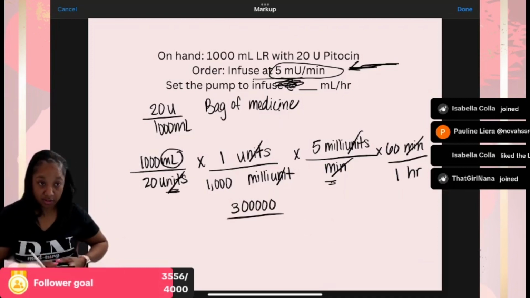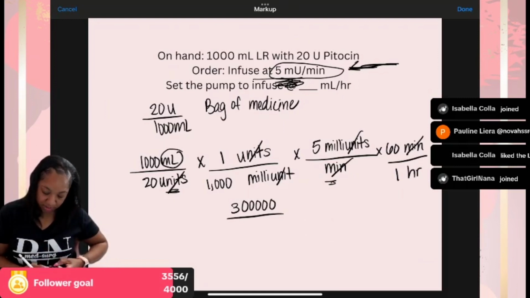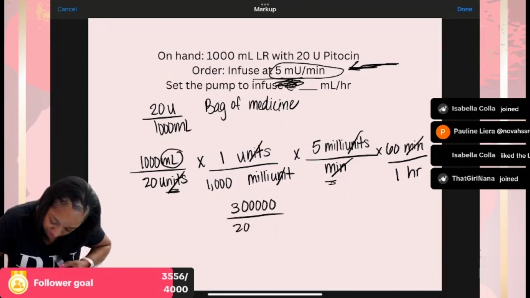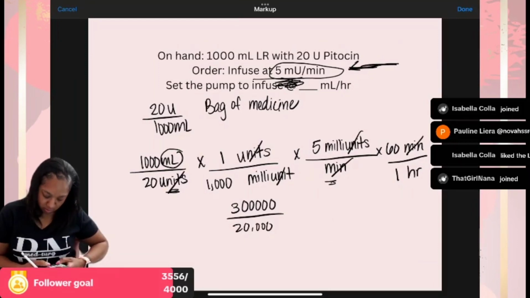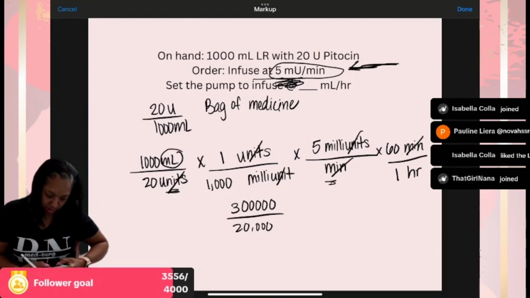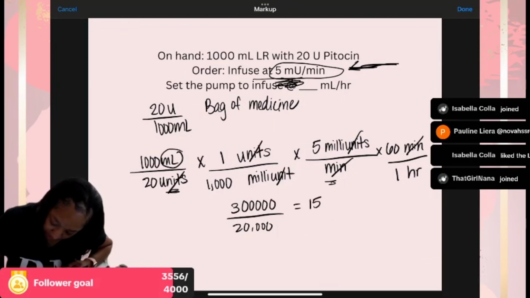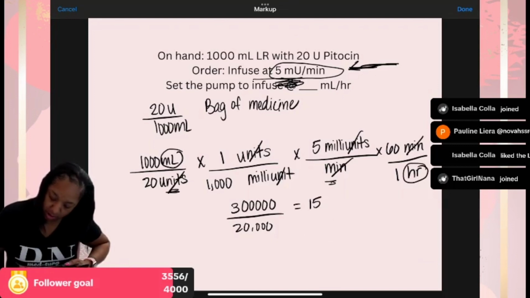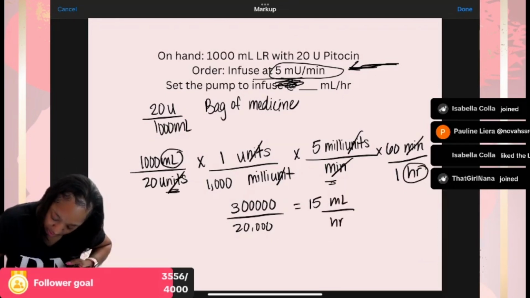Then the bottom part is going to be 20 times 1,000 times 1 times 1. That's 20,000. So 300,000 divided by 20,000 is going to equal 15 milliliters per hour.